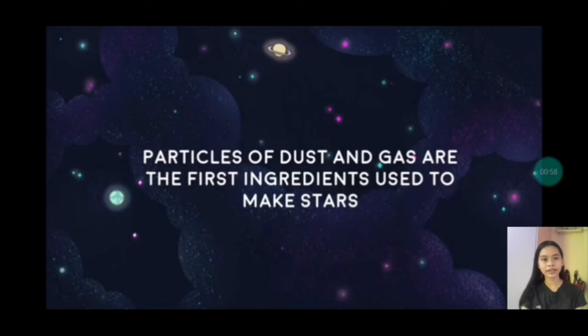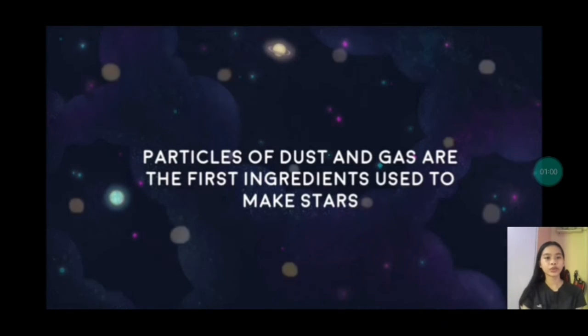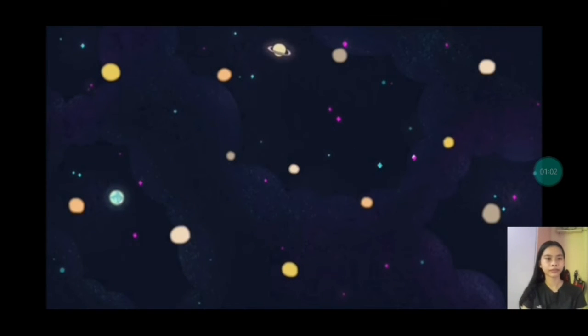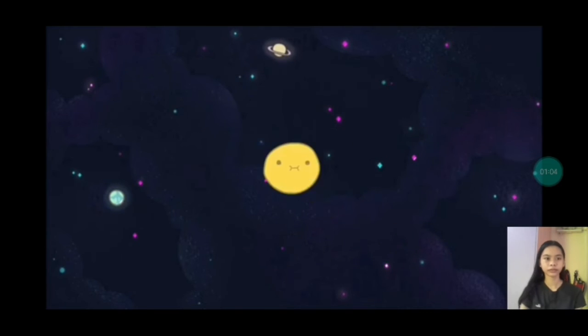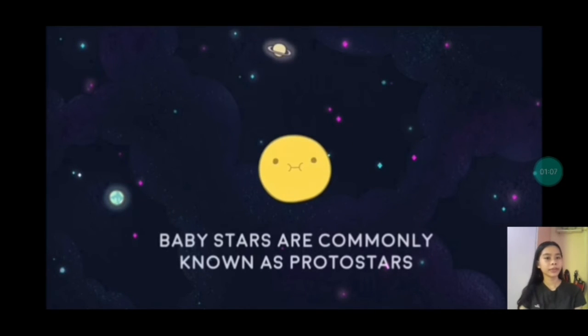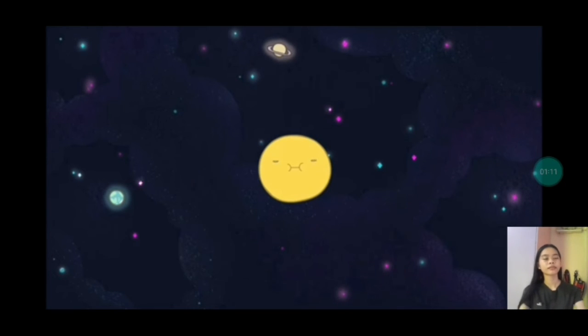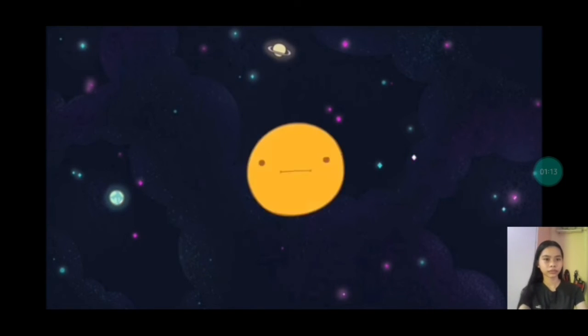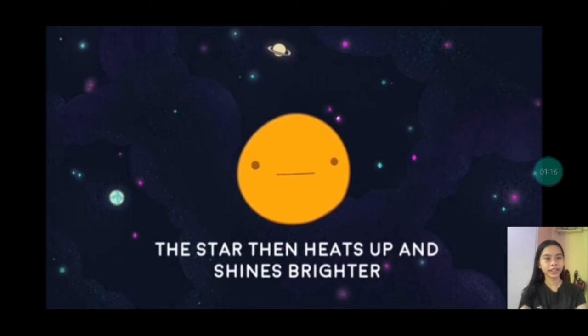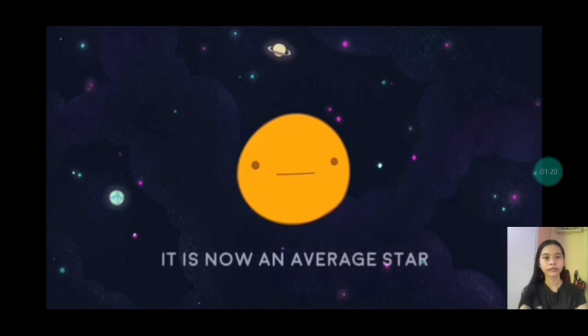Particles of dust and gas are the first ingredients used to make stars. Baby stars are commonly known as protostars. The star then heats up and shines brighter. It is now an average star.